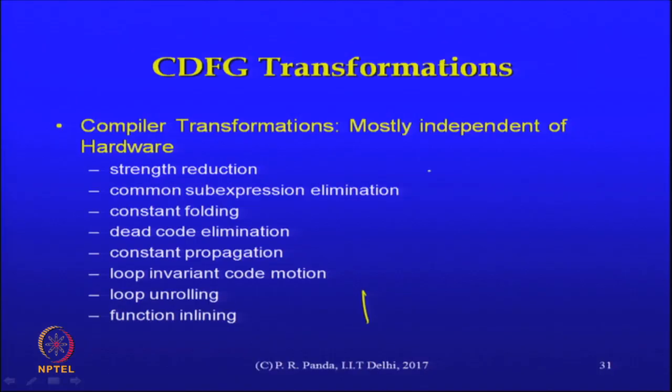So, that is what these early transformations are about. And even though I say it is mostly independent of the hardware, that is what makes it common with the set of compiler transformations. Some later transformations are actually dependent on other assumptions we are making, like resources that are available to us.